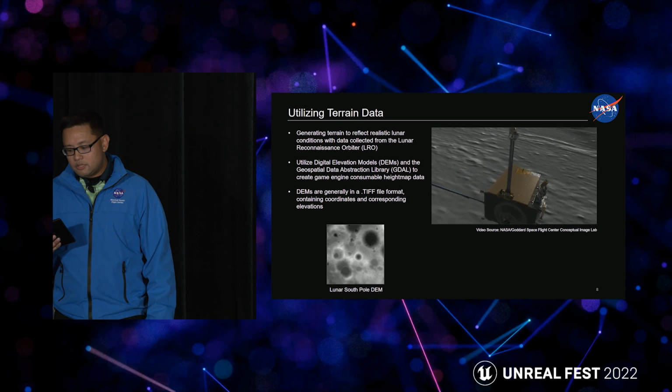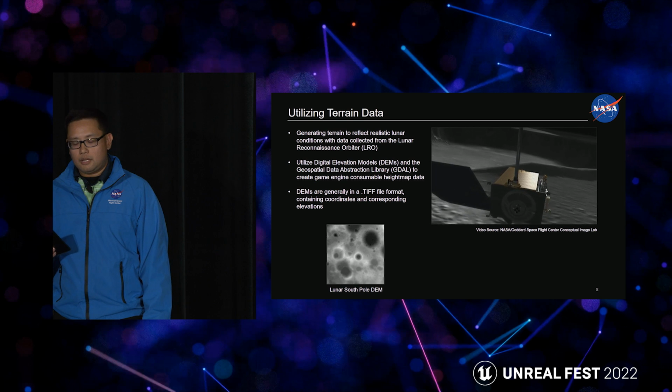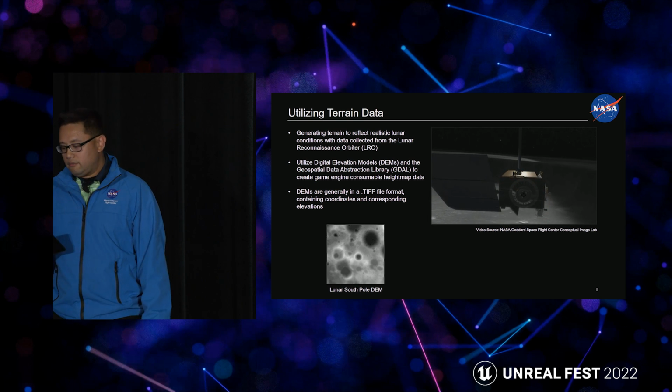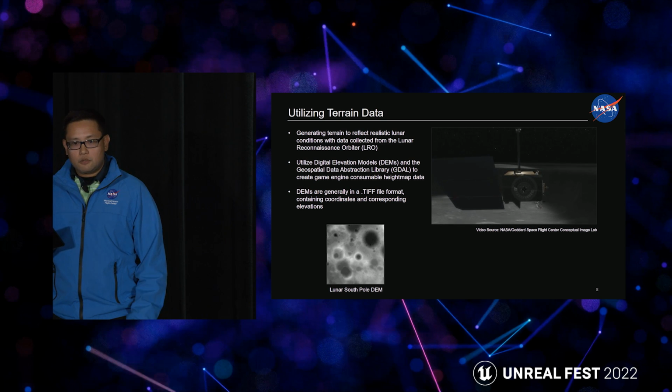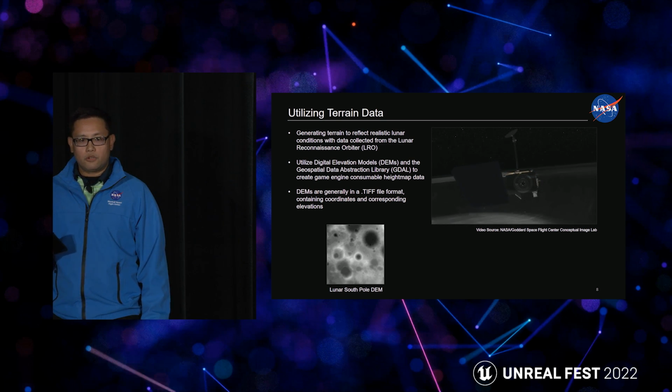One of the tools that we use to read and process these DEM files is the Geospatial Data Abstraction Library, or GDAL. These DEM files are typically in the .tiff file format, which contains coordinates, the corresponding elevations, and a coordinate reference system, or CRS.